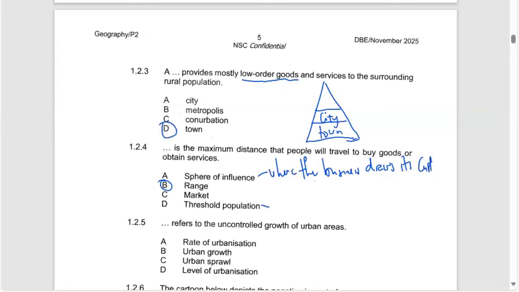And the threshold population is the minimum number of people required to support a service and make it viable or profitable. So the correct response is the range of goods.